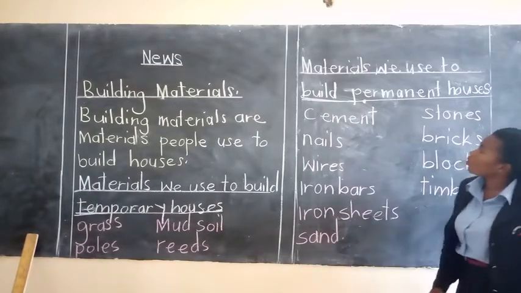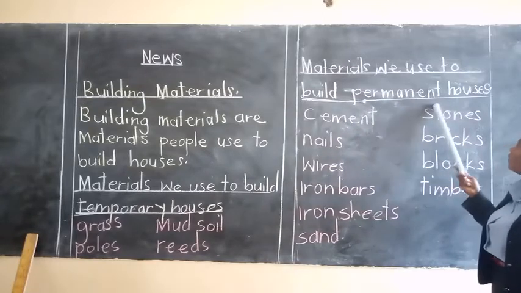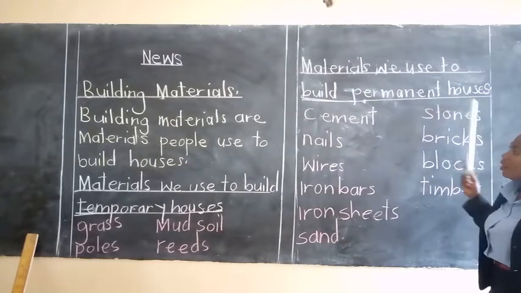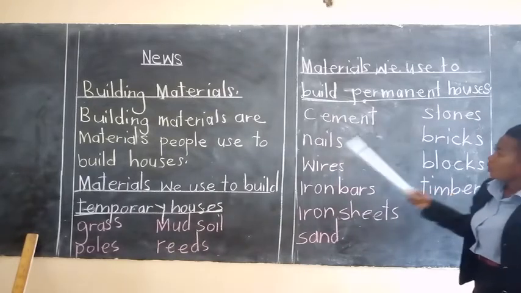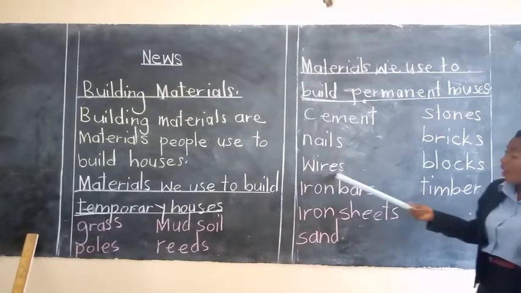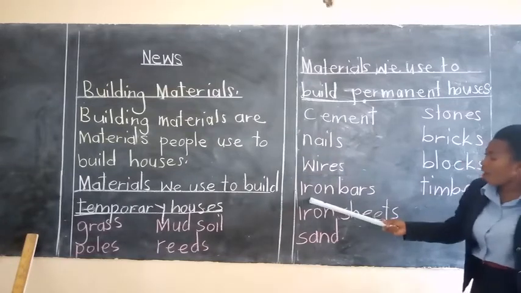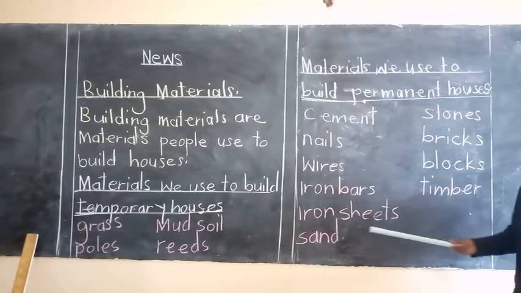Then let us also have the materials we use to build permanent houses. The first one here is cement. We also have nails. We also have wires. We also have iron bars and iron sheets.